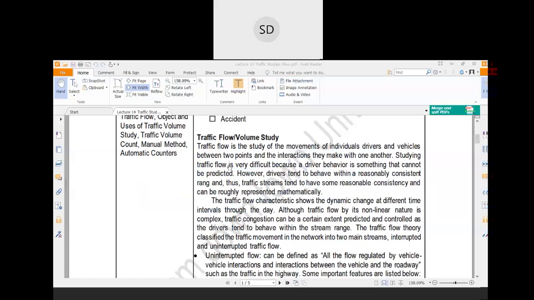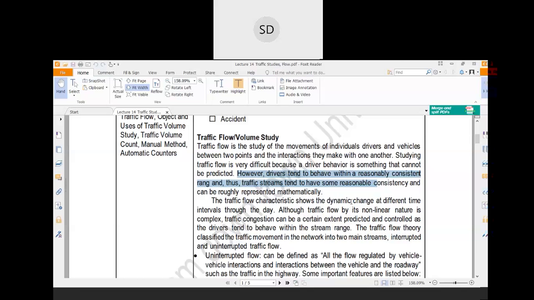Now studying traffic flow is very difficult because driver behavior cannot be predicted. It is totally unpredictable. However, drivers tend to behave within a reasonably consistent range and thus the traffic stream tends to have some reasonable consistency and can be roughly represented mathematically.